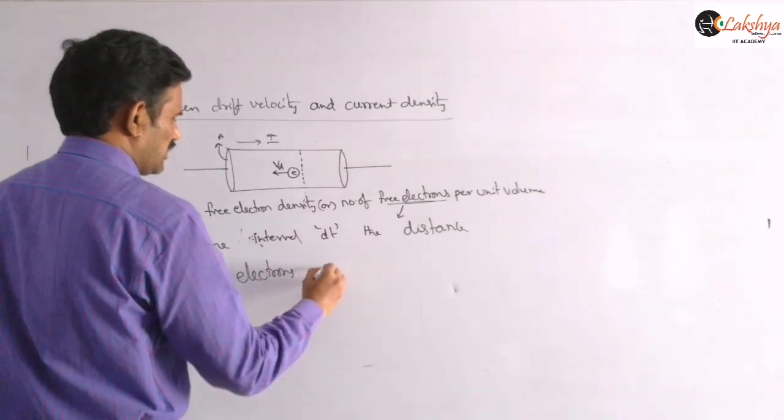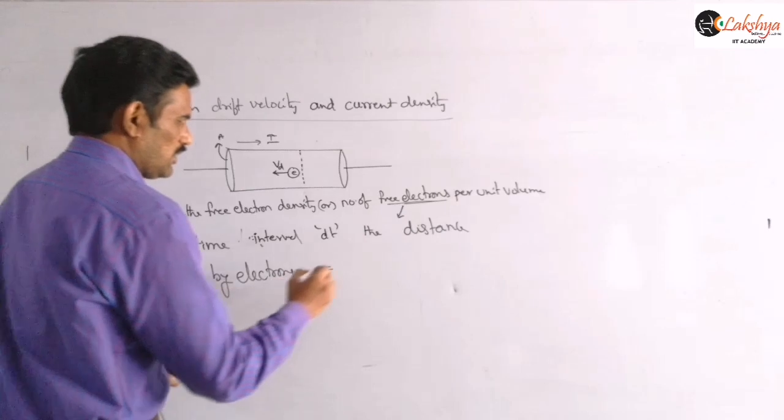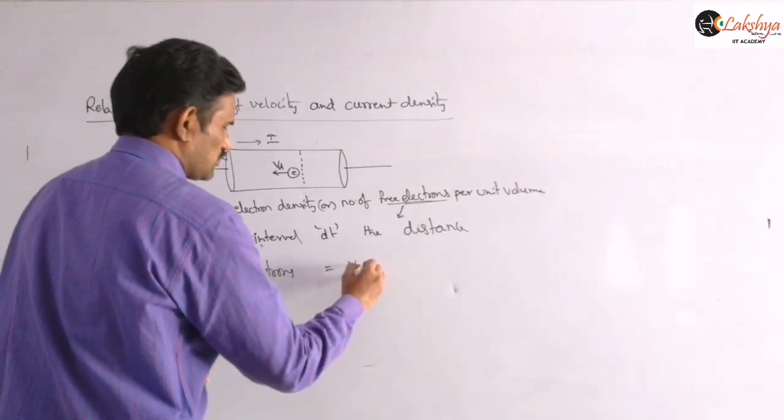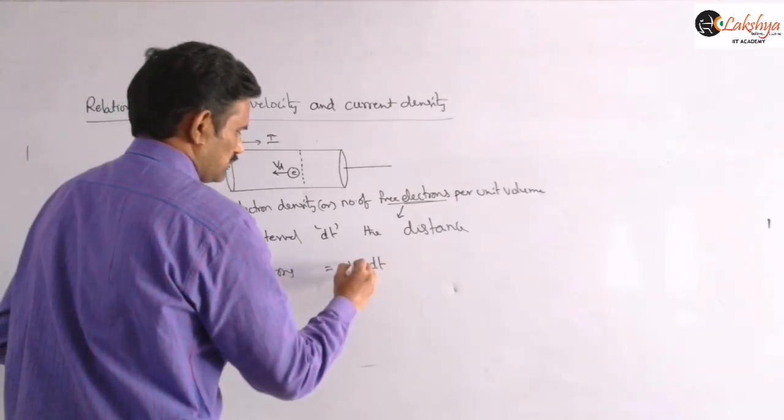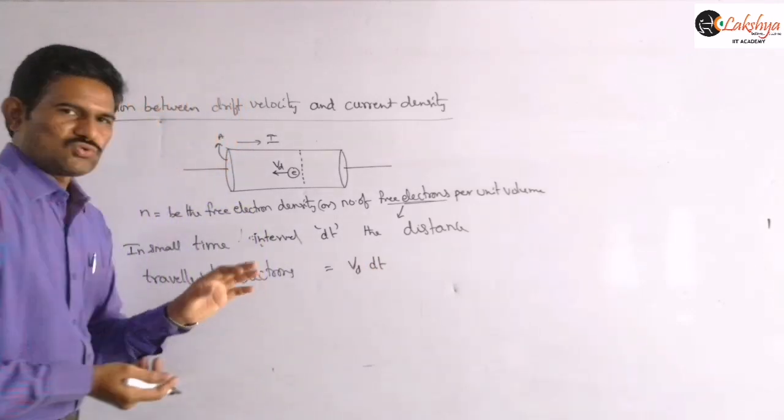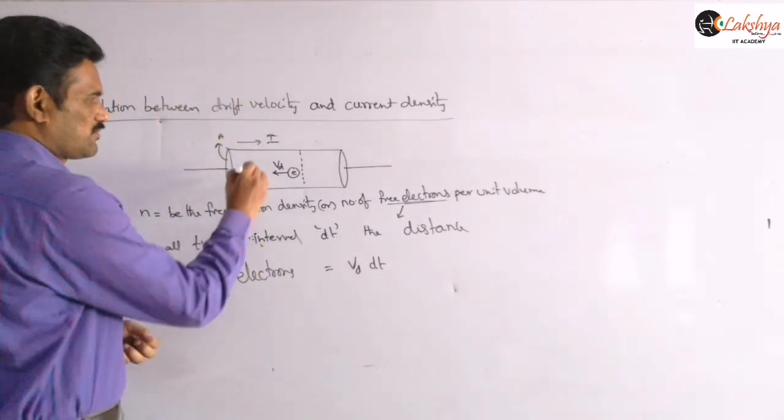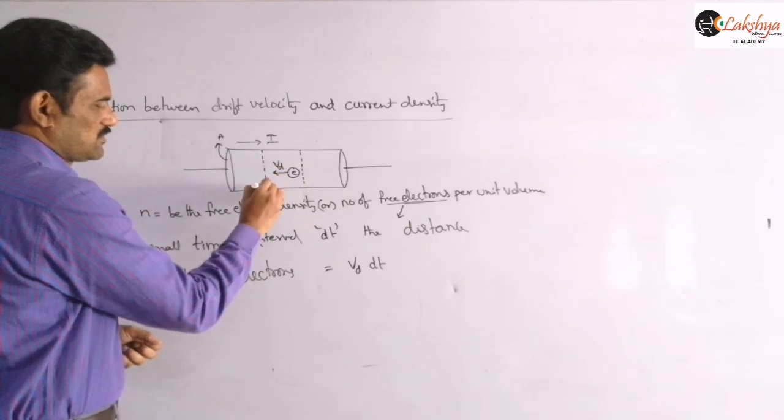This distance we can write as drift velocity into time. The drift velocity into time will give us the distance. Suppose I am taking that traveling up to here, right?